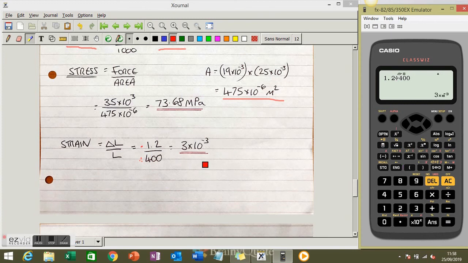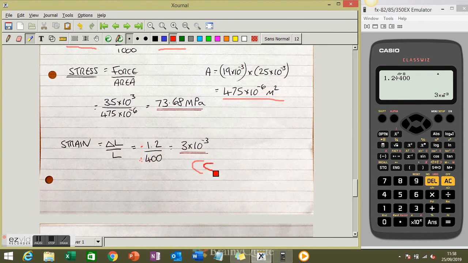That is in compression, so that there really is a negative number because it's going that way, whereas tension's going that way perhaps. So when we do thermal, we'll consider this as a minus number, but for now we leave it like that. 3 times 10 to the minus 3, that's the strain.